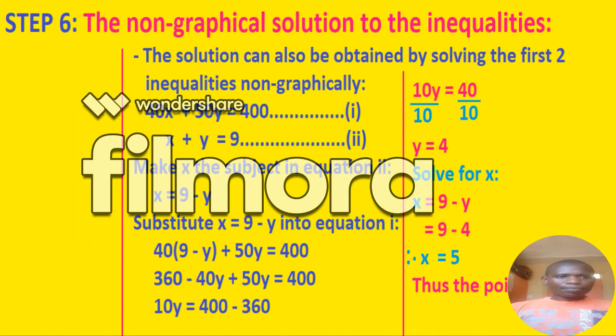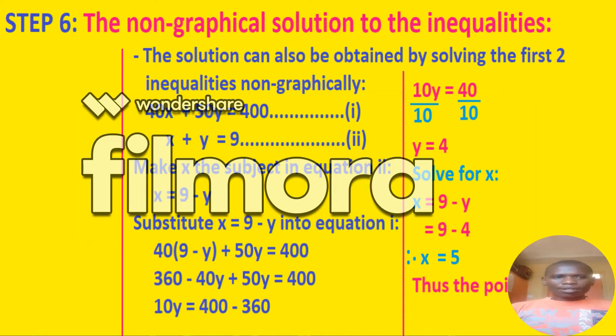Collecting like terms, negative 40y plus 50y is positive 10y, equals 400 minus 360, that is 40. Therefore, 10y equals 40. Divide through by 10. Therefore, we end up getting the value of y to be 4.